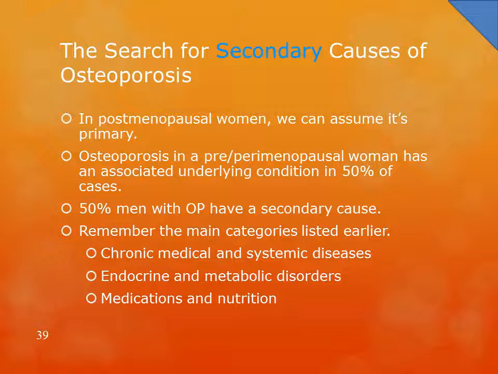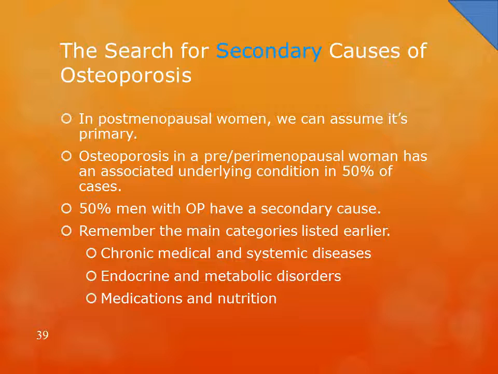In postmenopausal women that present with osteoporosis, we can assume it's primary osteoporosis. But if you're seeing a man, especially a younger man, or a woman who's not yet menopausal, and they have osteoporosis, you might want to think about looking for an underlying trigger for the osteoporosis.